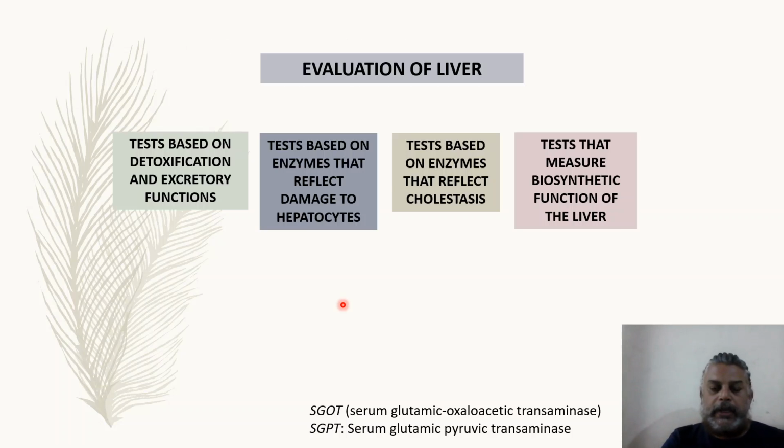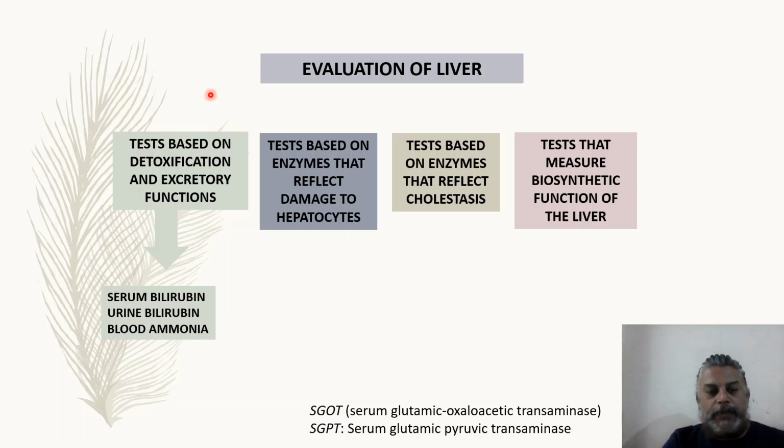So in a nutshell, the evaluation of liver disease is divided into four parts: the tests based on detoxification and excretory functions, that is bilirubin, serum and urine, and blood ammonia.